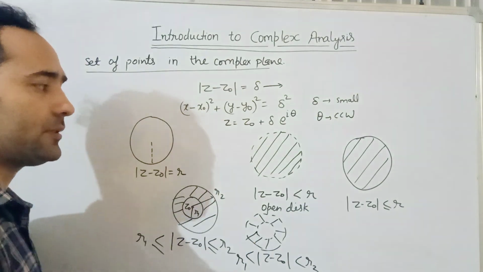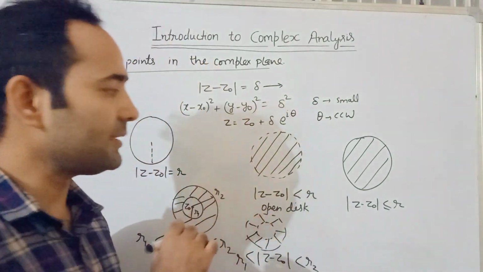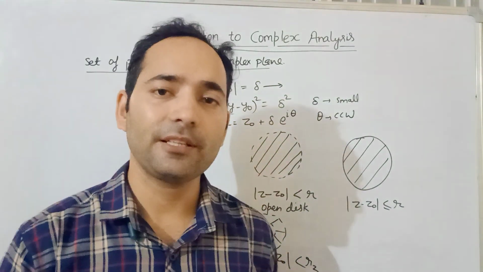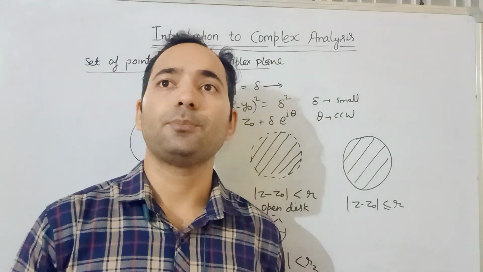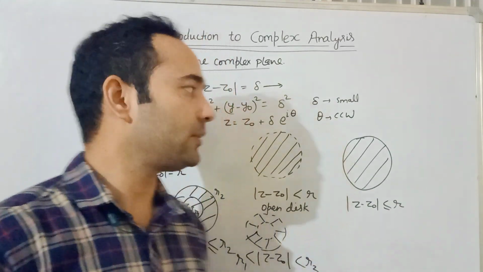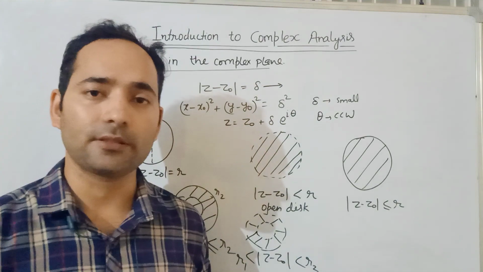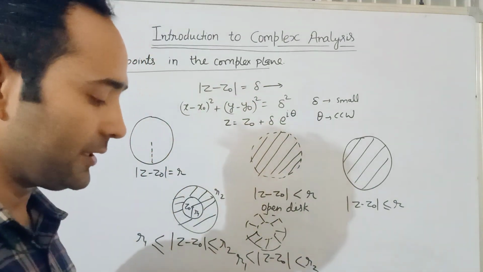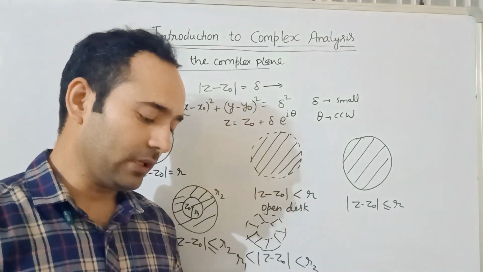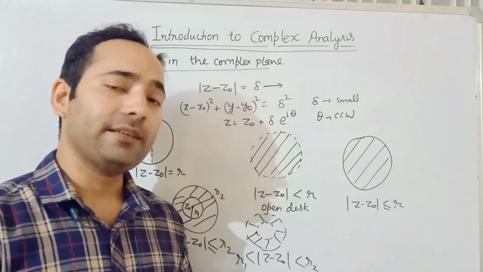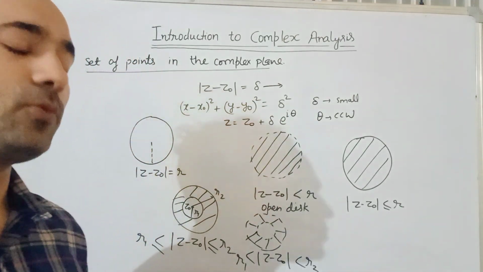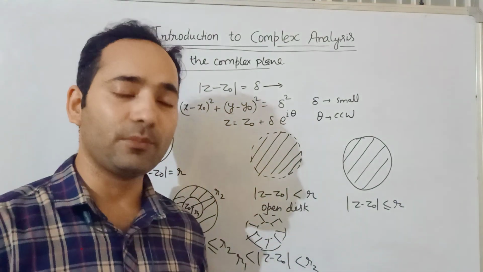Now see, I explained these things. Based on these geometries we will understand, for example, neighborhood of a point. You will understand what is interior point, exterior point and boundary point, and then open set. So you will understand open set, then closed set, bounded set.